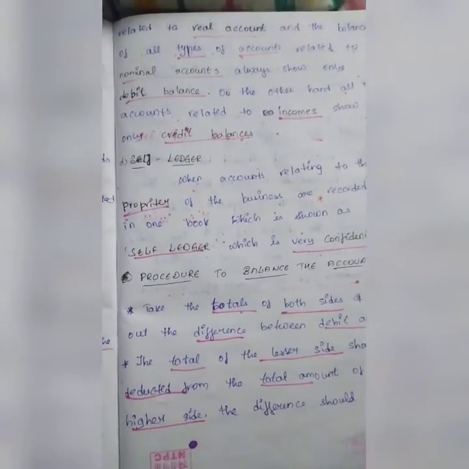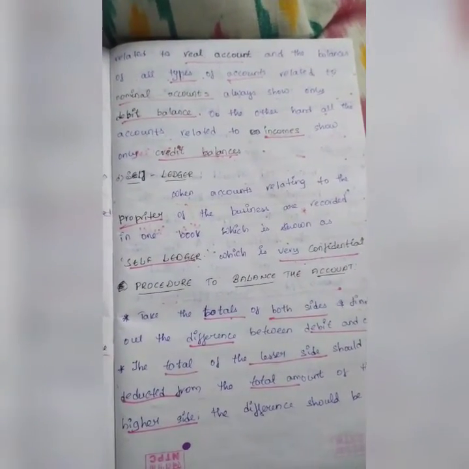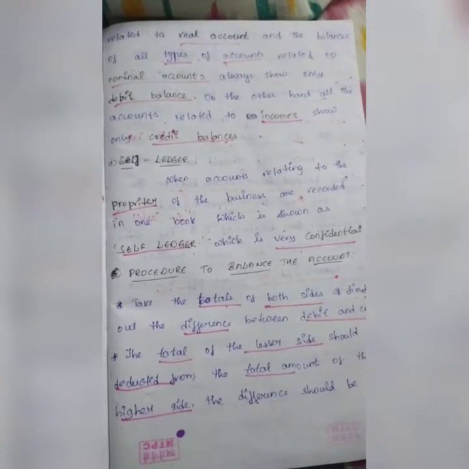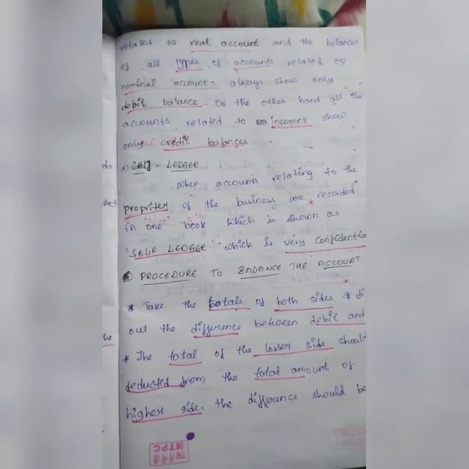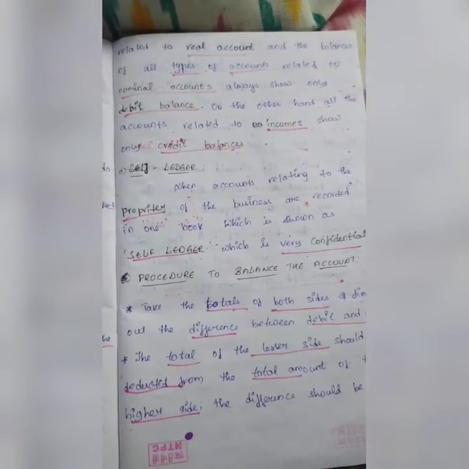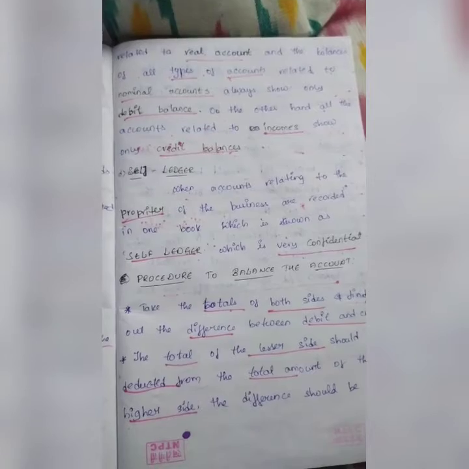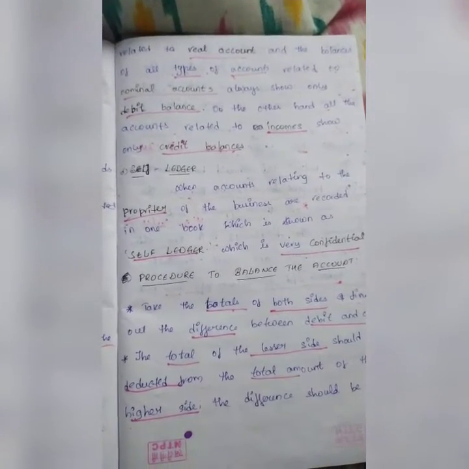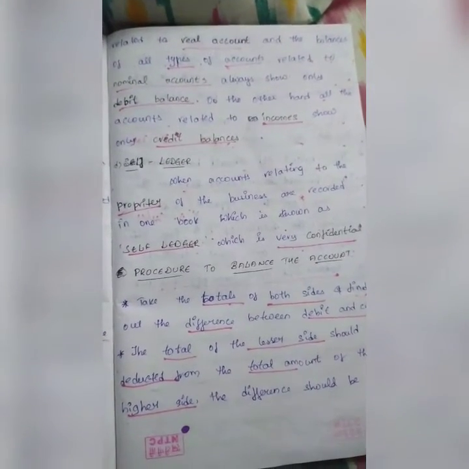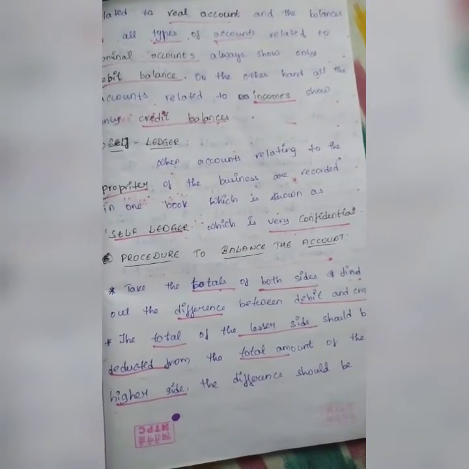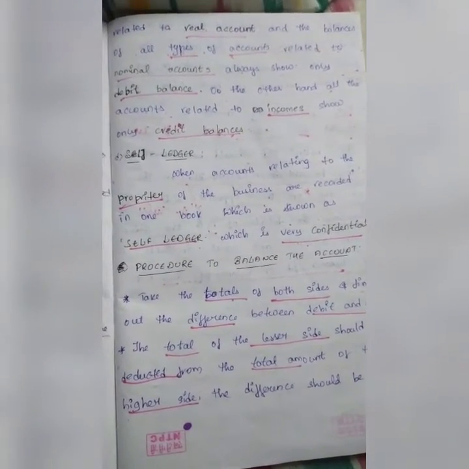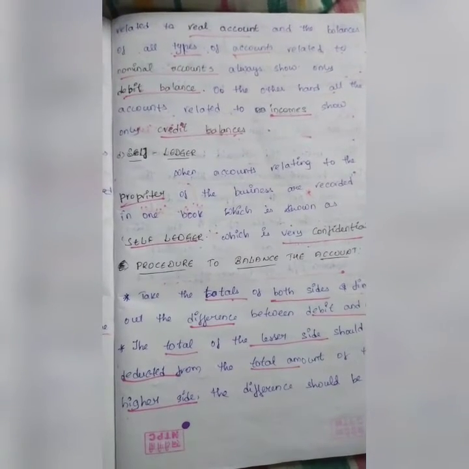Now let us see the last type of ledger, the self-ledger. When accounts relating to the proprietor of the business are recorded in one book, it is known as the self-ledger. It is also a very confidential book. The proprietor is the person who is the owner or the one who starts the company.